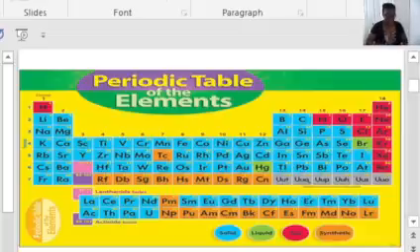Now I also want to point out that elements in their respective groups and periods usually have similar physical and chemical characteristics, and this is usually due to the number of electrons on their outer shells, and we are going to talk about that in group 2 in regards to electronic configuration.